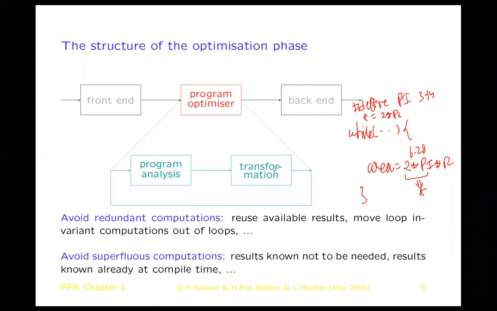Like that, the compiler can do many interesting optimizations in order to optimize the code. This is an example of moving loop invariant computations out of the loop.